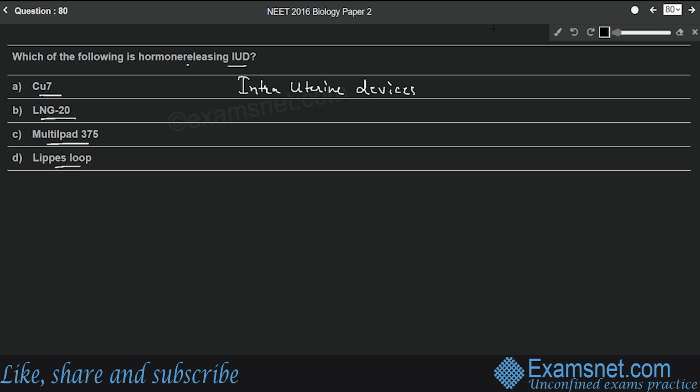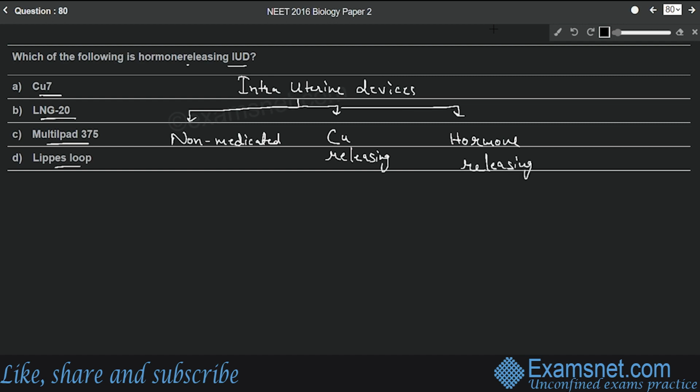There are mainly three types of IUDs. First one is non-medicated IUDs. Then the second type is copper releasing IUDs. And the third type is hormone releasing IUDs.